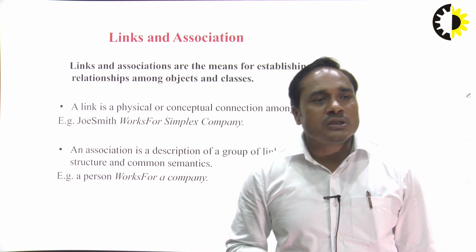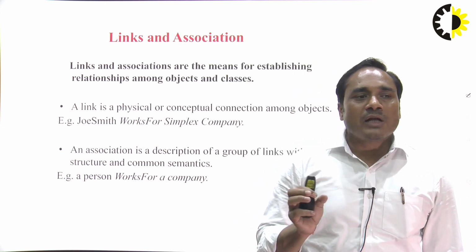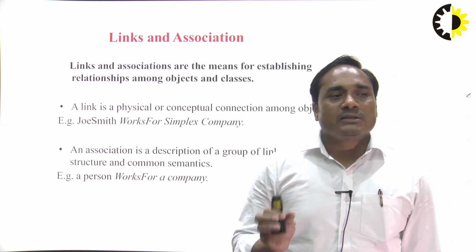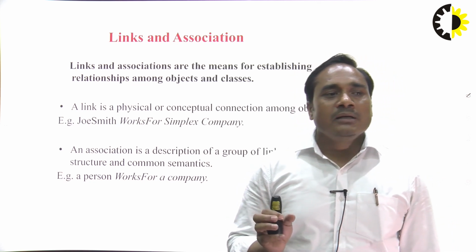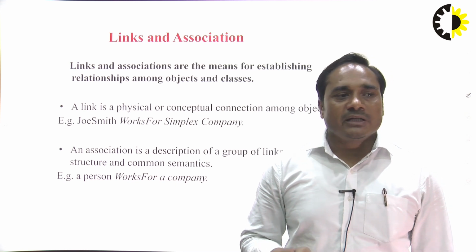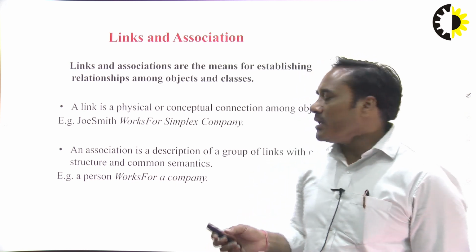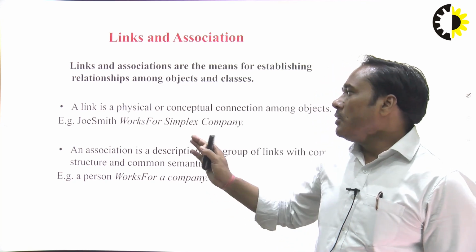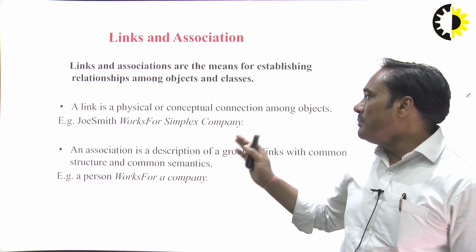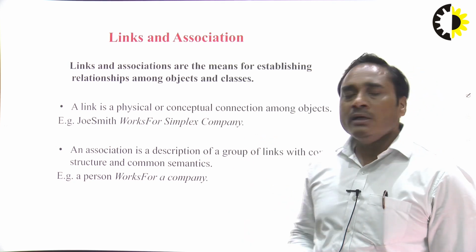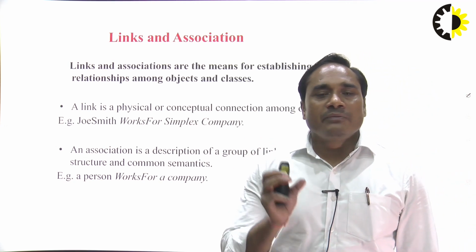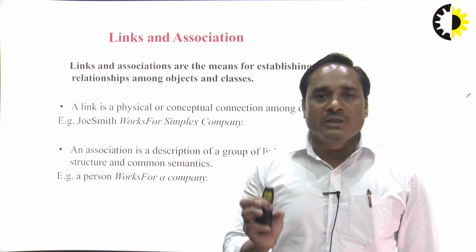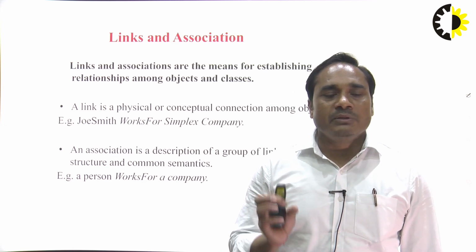So association is the relationship between two or more classes, where they can show their behavior and their common semantics. For example, works for a company shows the association, and Joy Smith works for a Simplex company shows the link. So a link is a relationship between two objects, and an association is a relationship between two classes.